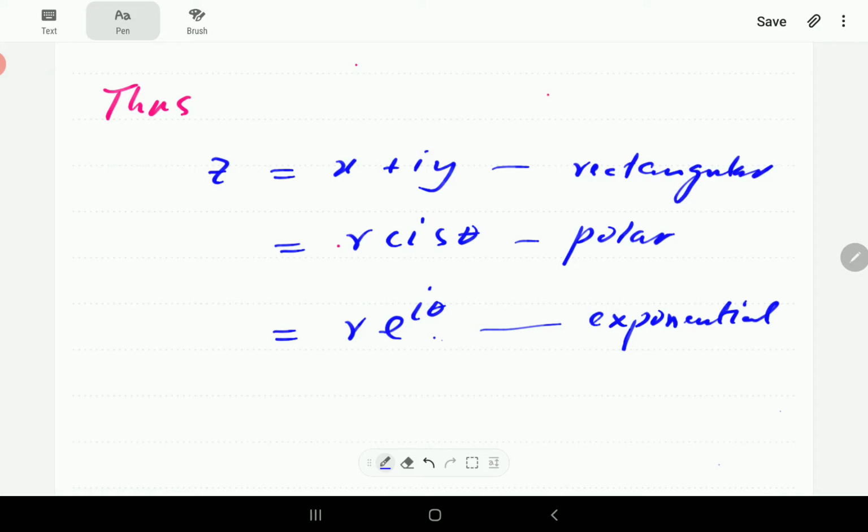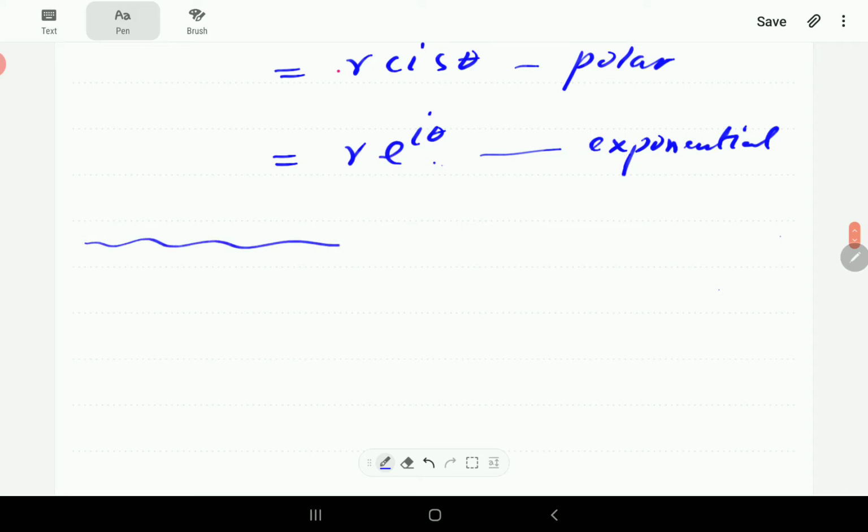So in order for us to go from rectangular to polar, or from rectangular to exponential, we need to find r and theta. We're going to do examples in the next video of how to convert, say, from rectangular to exponential, or from exponential to rectangular. We've already done from rectangular to polar.